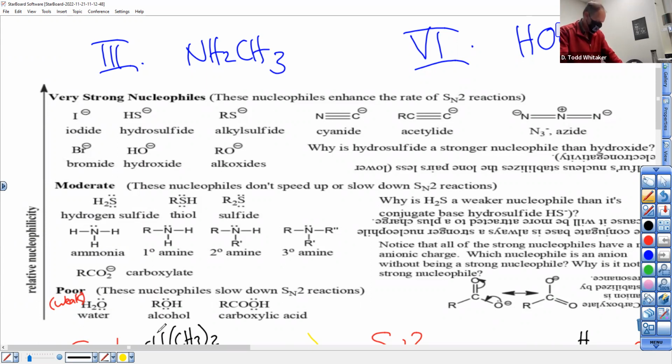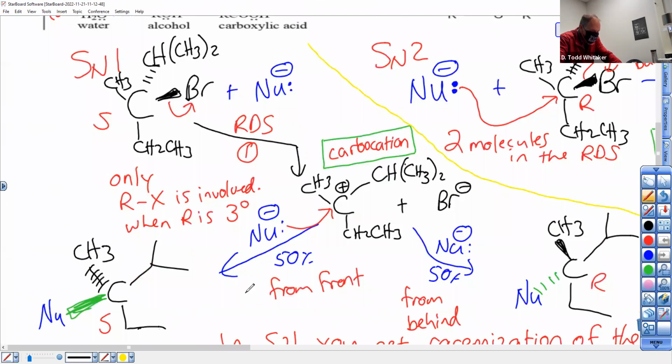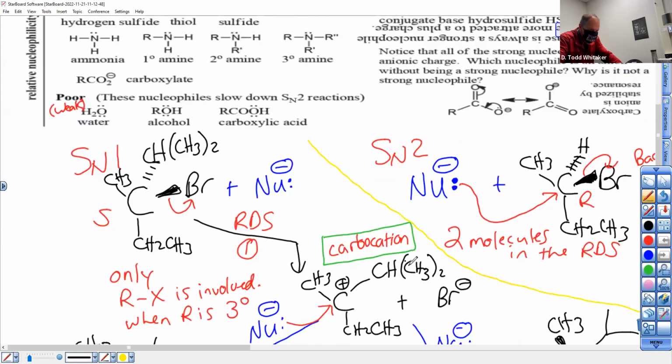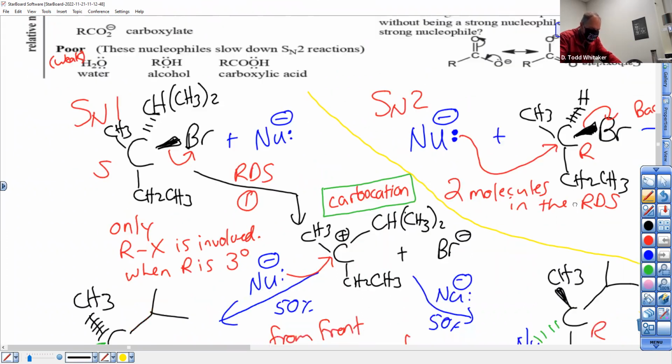Or if you consider a number of R groups, there are millions of things, okay? Any neutral oxygen's poor. Now, the question of the day. Given that information, which reaction is going to speed up if the nucleophile's strength is increased?